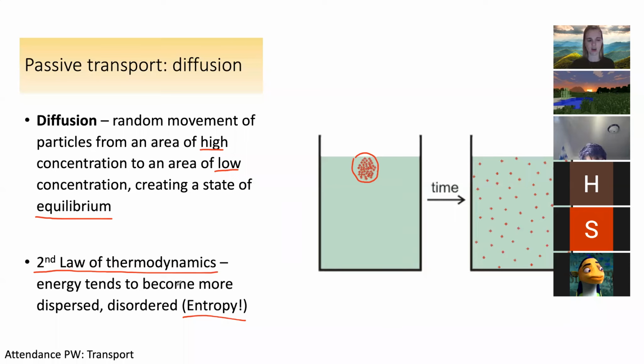We'll talk more about that second law of thermodynamics, but I just want to introduce it now to help us think about the way things like to move. They like to create this state of equilibrium, which, when we're talking about molecules and fluids, usually means going into a very disordered state.